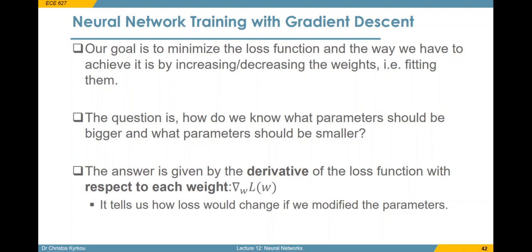And this basically is the theory of derivatives, which study the rate of change. So to estimate this, we will use the derivative of the loss function with respect to every weight to see how the change in a weight can influence the change in the loss function.